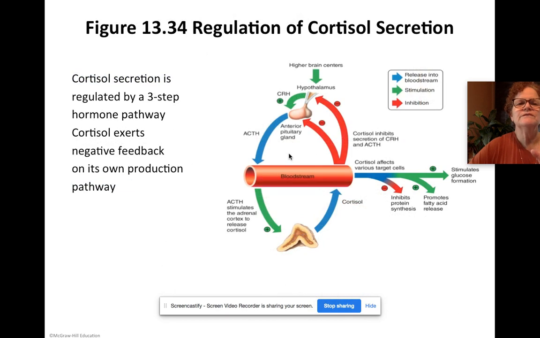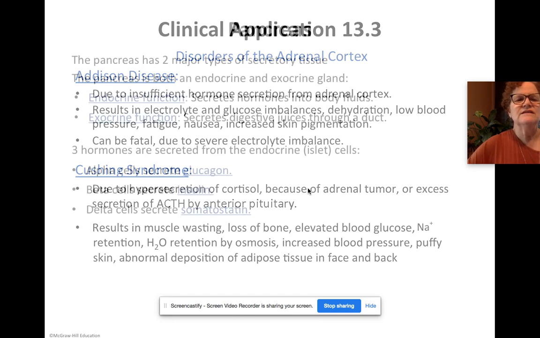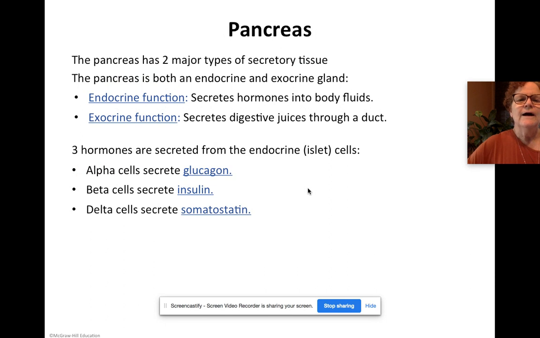Yeah, we will not worry about these. Regulation of cortisol. Again, this is a negative feedback loop, so you're just processing here. Disorders, here's again, you might have, especially if you used to watch House or something, this is Addison's disease, Cushing's disease. You might have seen some of these mentioned before.